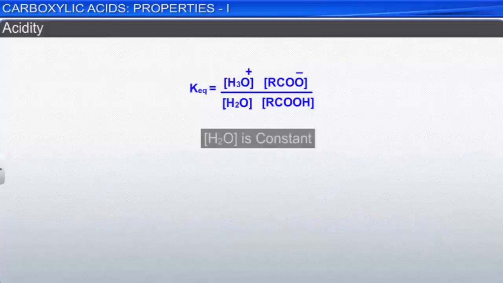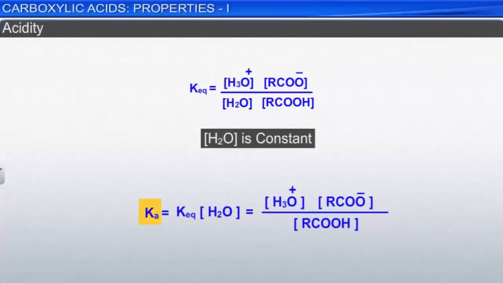Since the concentration of water remains almost constant, we can combine it with Keq to obtain the expression Ka is equal to Keq multiplied by the concentration of H2O is equal to the product of the concentrations of RCOO- and H3O+, divided by the concentration of RCOOH.